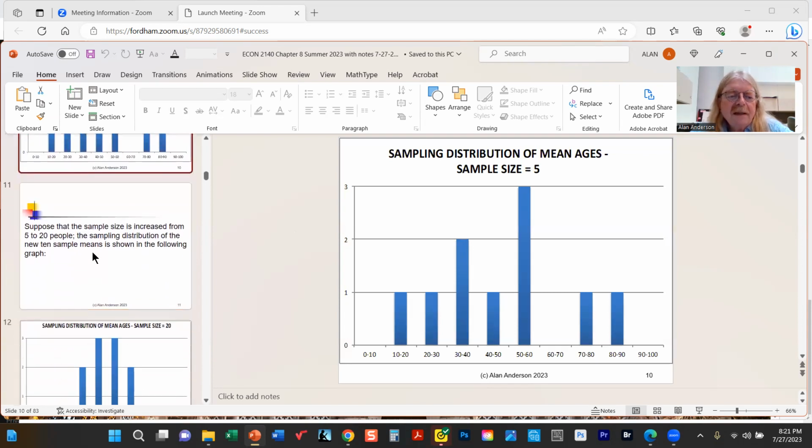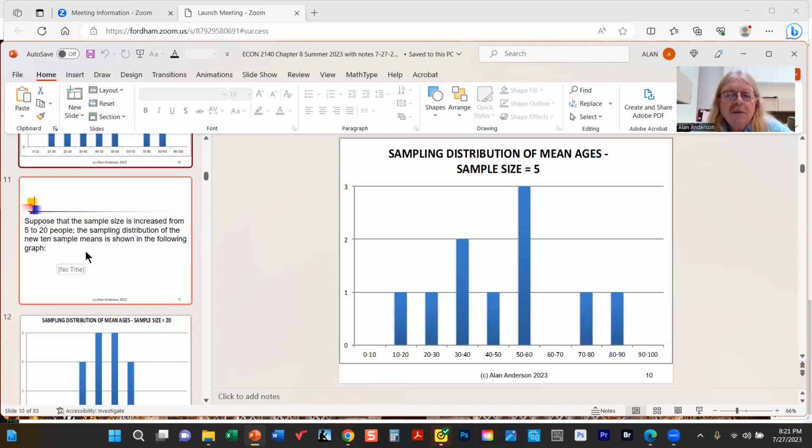What if I did the same thing, not with 5 people at a time, but 20? Okay, in other words, instead of walking around and randomly picking 5 people at a time and calculating the sample mean, I'm doing this with 20. So logically, when you think about it, with such a small group as 5 people, the chances of the means being very different from each other is actually pretty high.